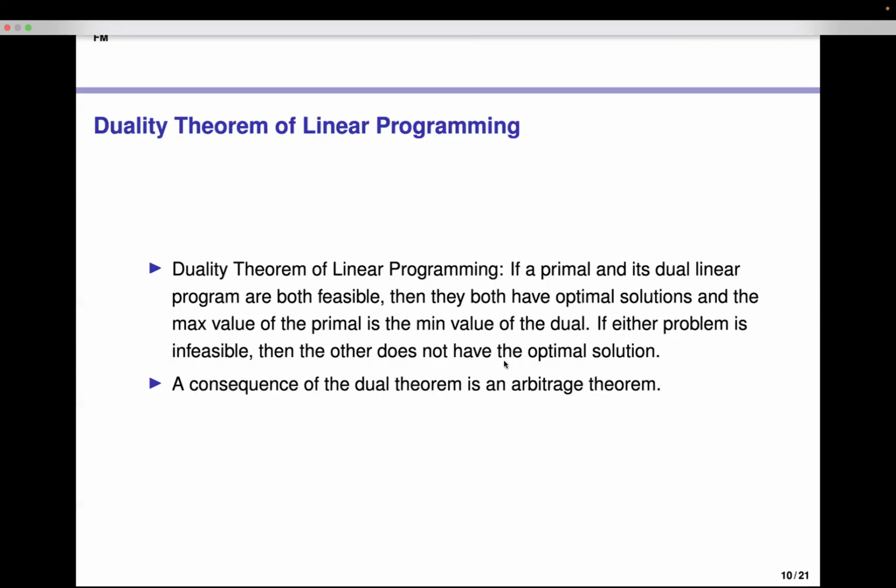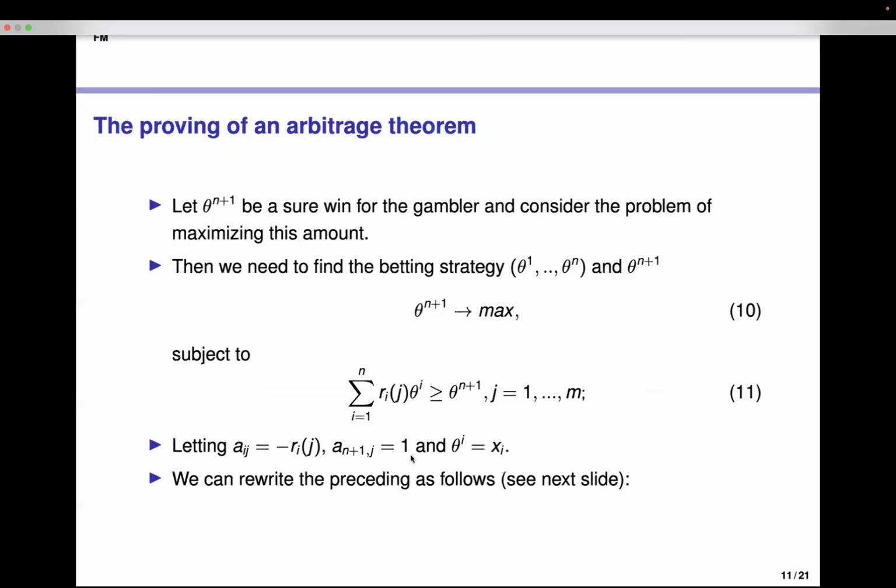And now we can see that a consequence of the duality theorem is our arbitrage theorem. So for the proof, assume that theta n plus 1 denotes a sure win for the gambler.